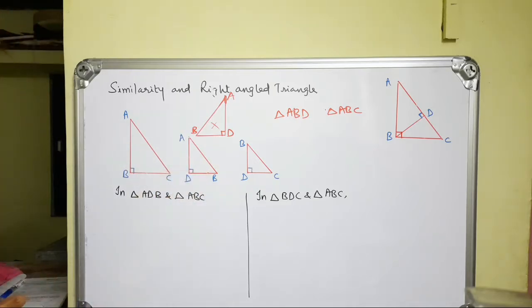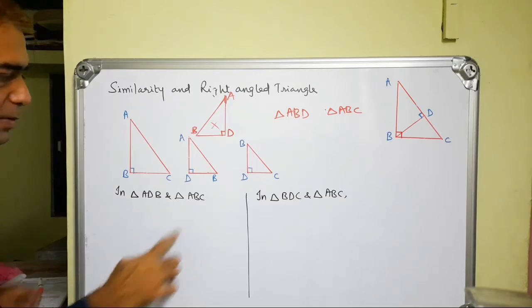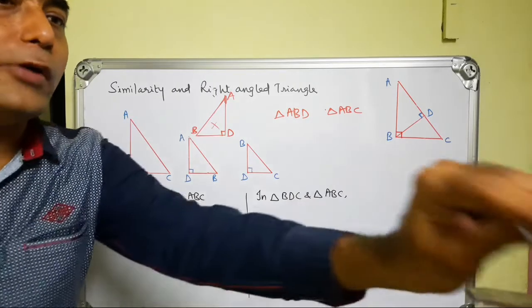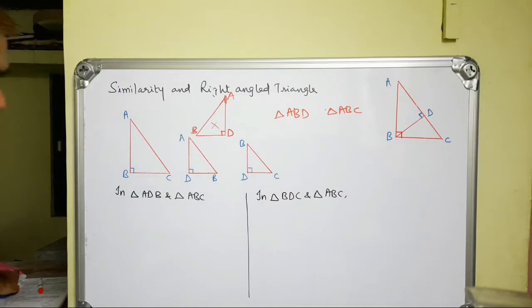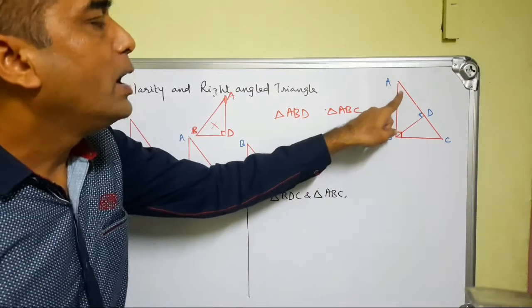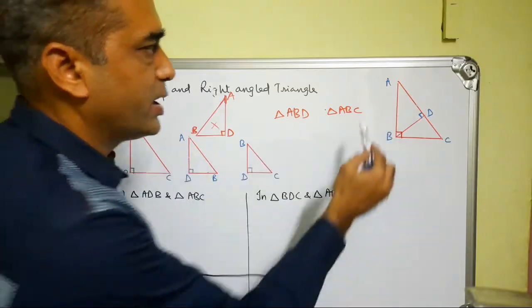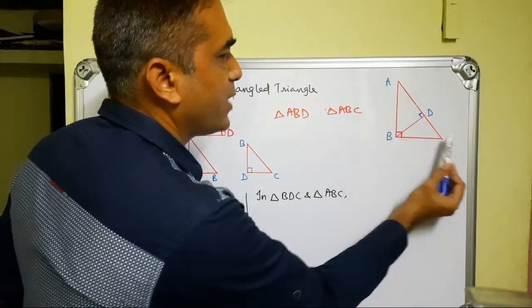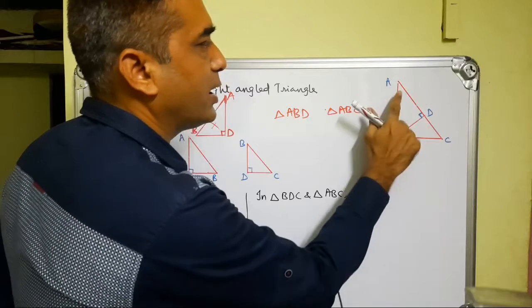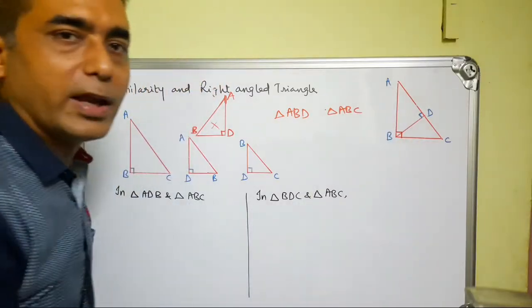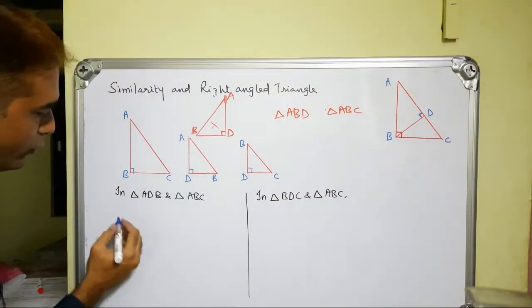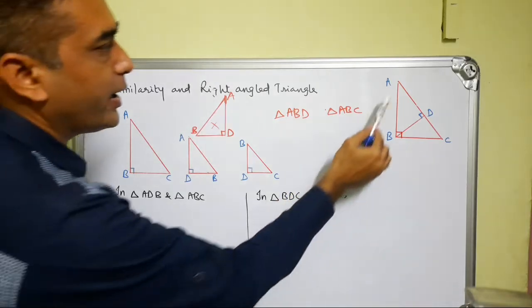So now in triangle ADB and triangle ABC, how are these two triangles similar? Let's see. First of all, angle A is common in both these triangles. Angle A, triangle ABC and triangle ADB, angle A is the common angle and common angles are equal. So first of all we'll write angle A, which angle A?